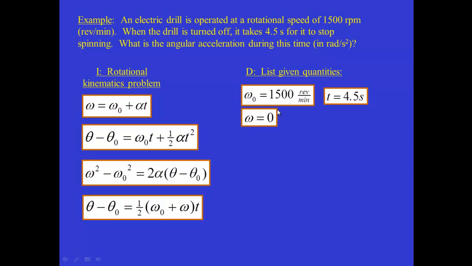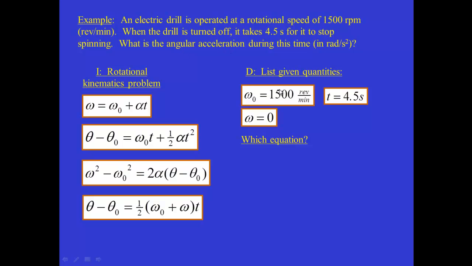So that's important. We need to be able to interpret the problem and understand what information is being given to us. So these are the three given quantities, and now we want to look at the equations for constant angular acceleration motion and see which one will help us solve for alpha. Alpha is what we want to find, the angular acceleration alpha.